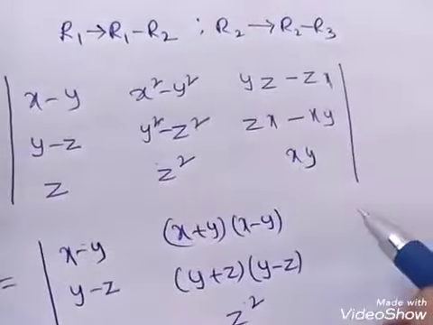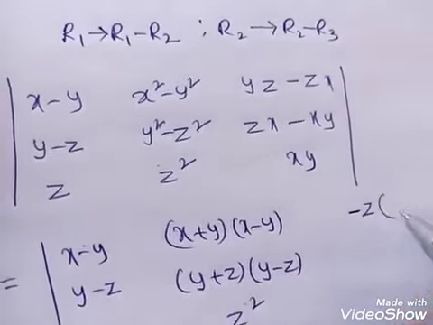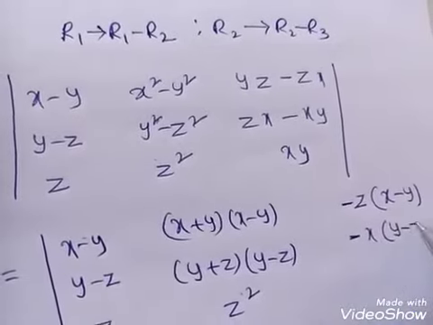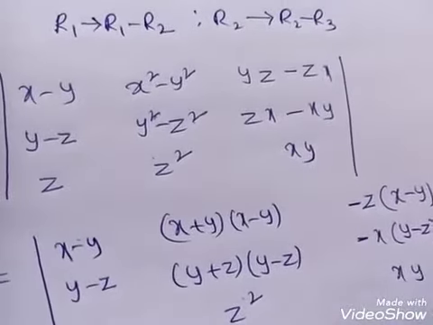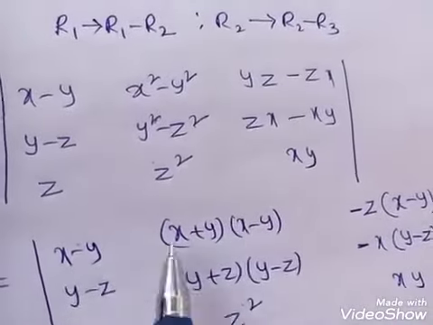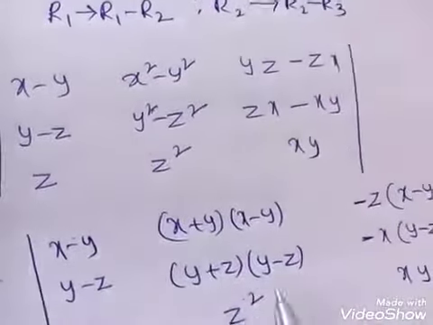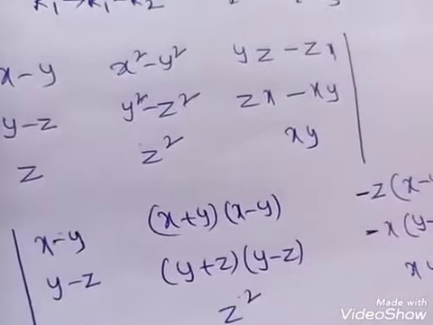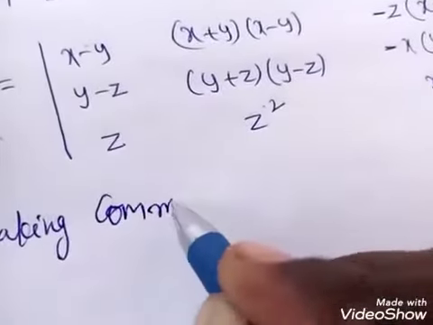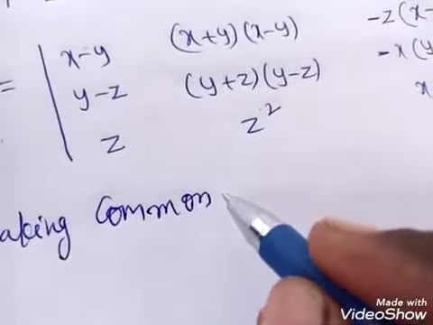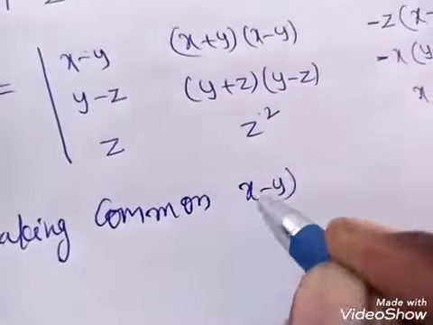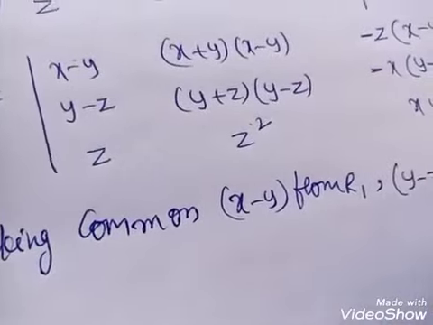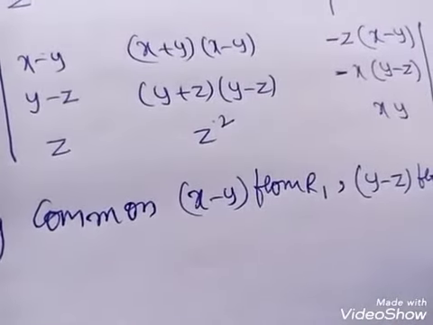If you take common minus z, you are going to get x minus y. Here, minus x, if you take common, y minus z, and xy as it is. Now what can you take common? x minus y from R1, y minus z from R2.